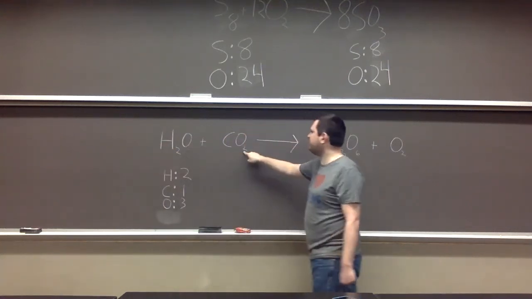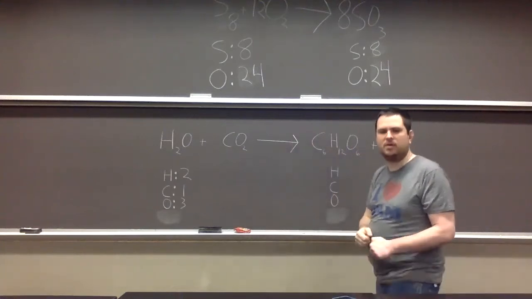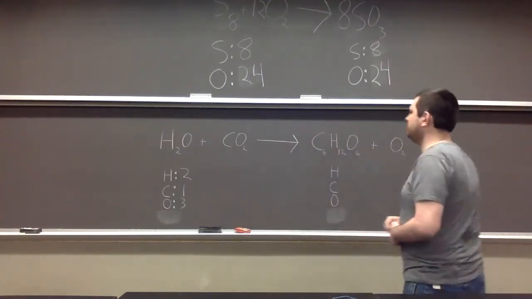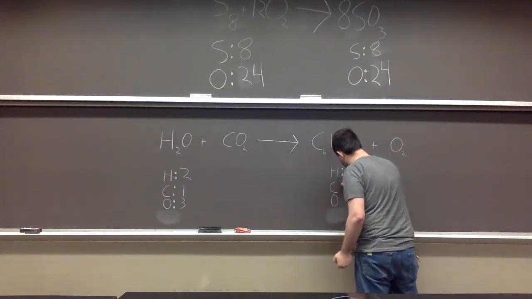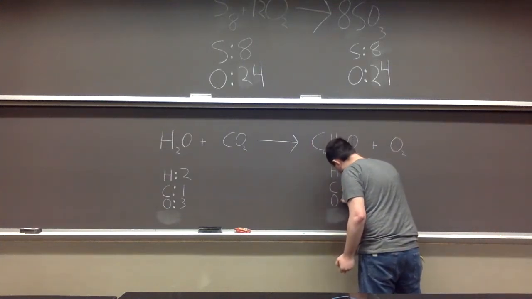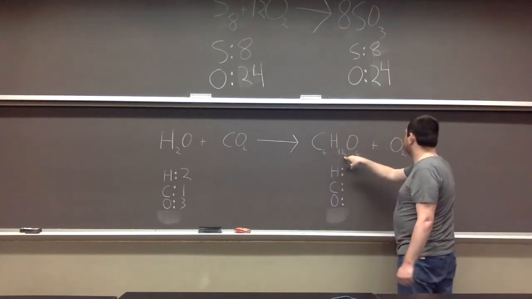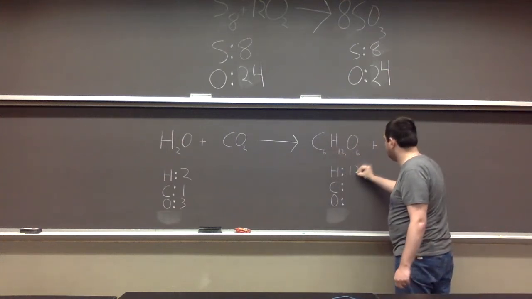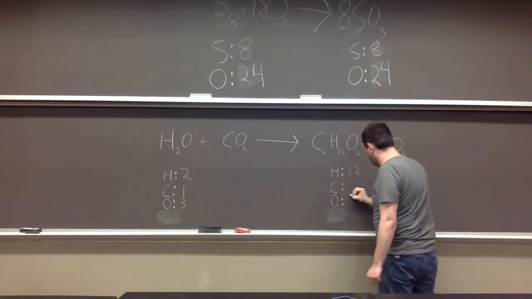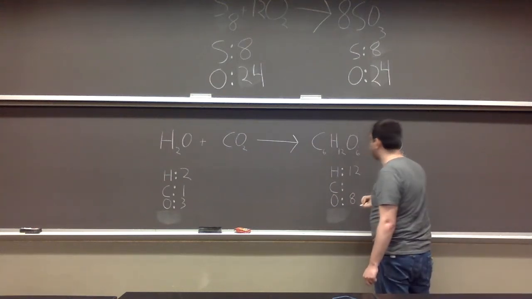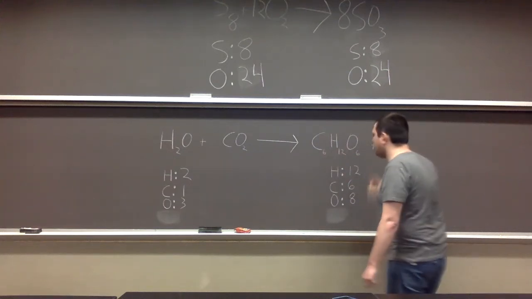Our total number for this side is 3. Next, we have 12 hydrogen, 8 oxygen, and 6 carbon.